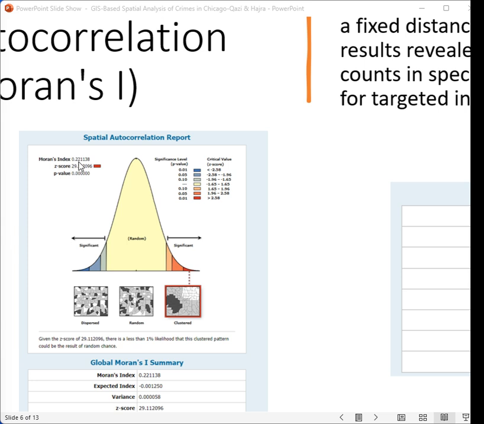You can see that it's positive, and also the Z-score is very high and the P-value is very low. This indicates that crimes are not randomly scattered but form clusters.